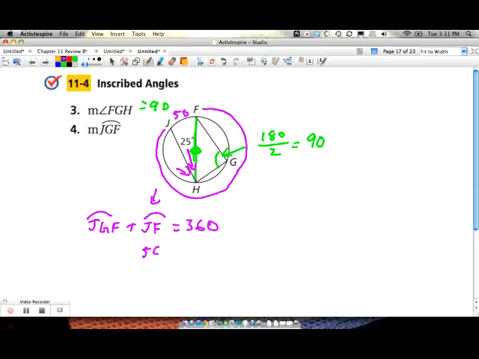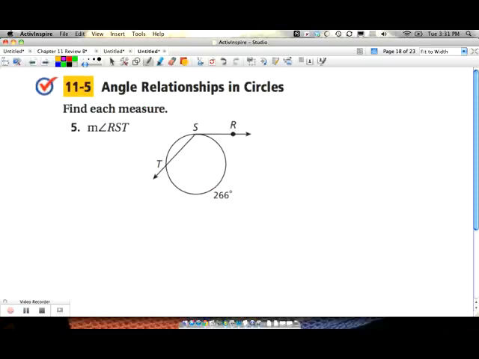Looking at these 2 arcs, arc AC plus arc B, divided by 2, so 130 plus 22 divided by 2, that's 76 degrees for angle AEC.